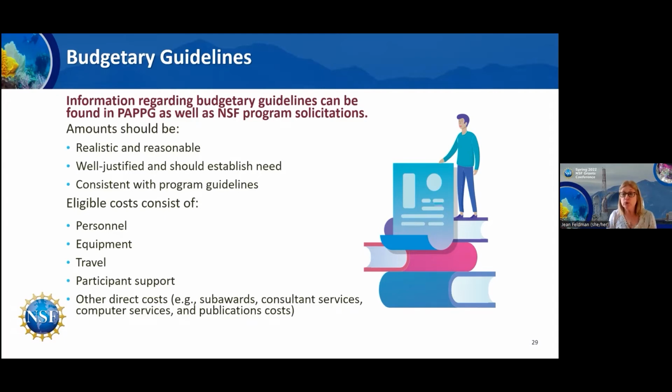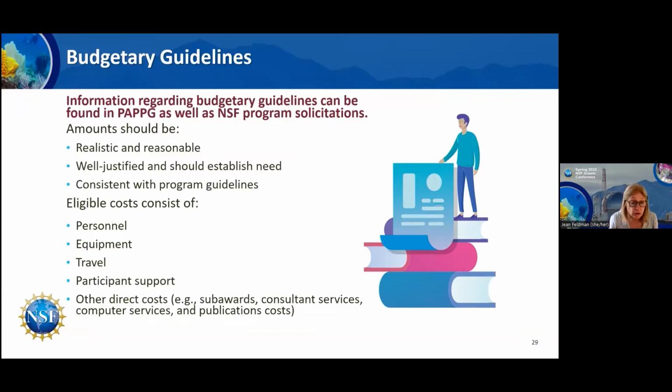These are not people that are absolutely just going to work on your proposal. They're undergraduate students. These are a different category that we call participant supports. And so please bear that in mind when you are completing this portion of the budget.